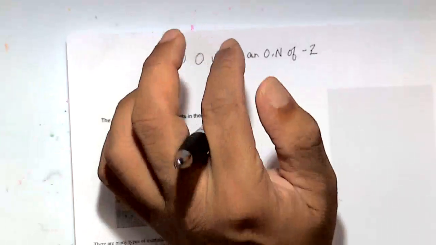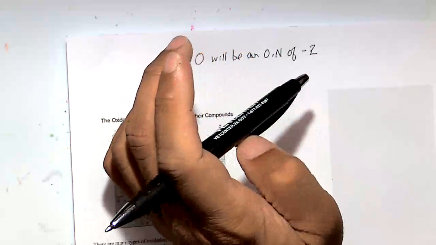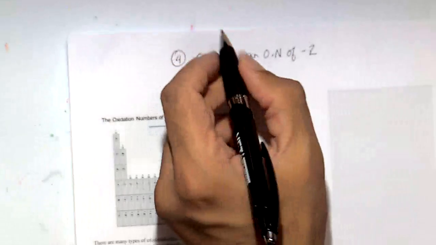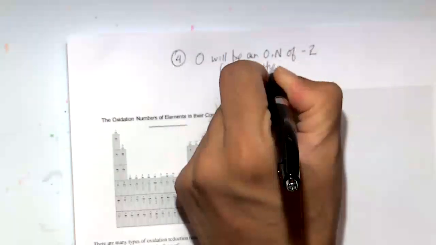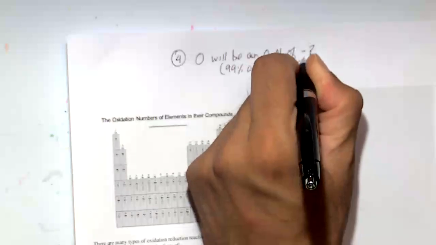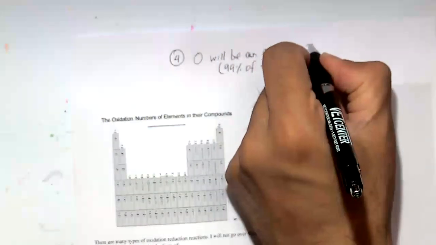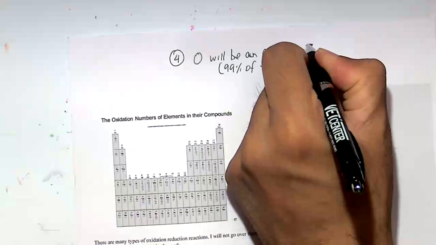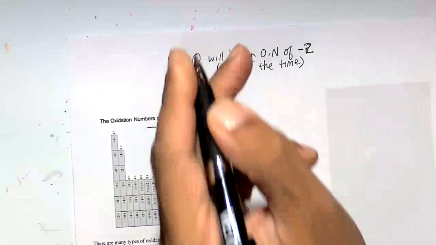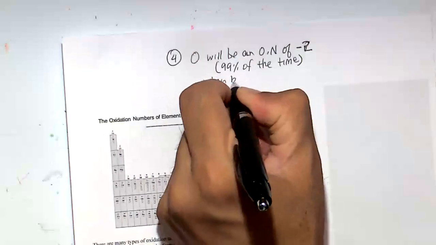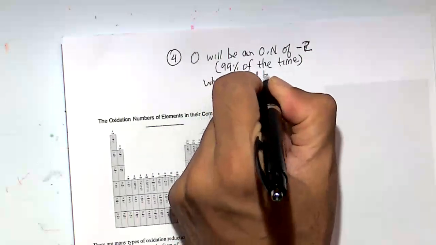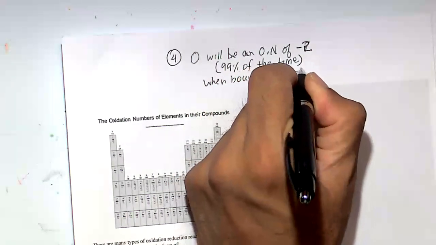So there are some instances where it will be -1, but we will not go into that. So this will be 99% of the time. Okay, so oxygen I want you to associate with -2 when it's bound to something else.